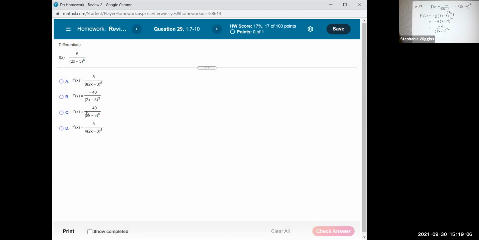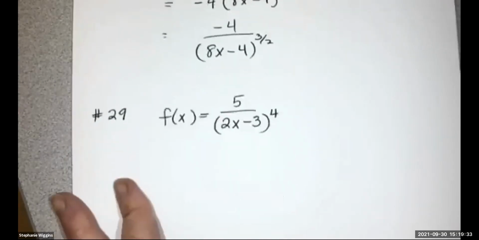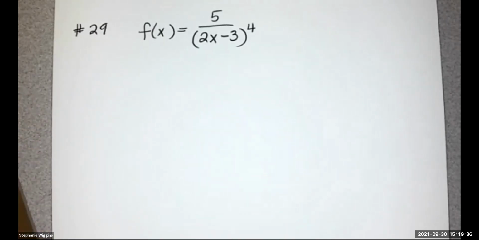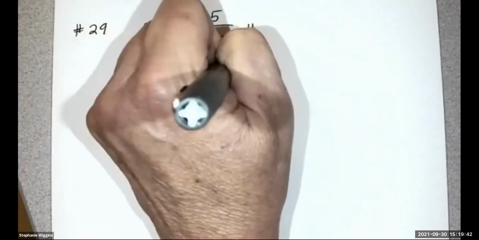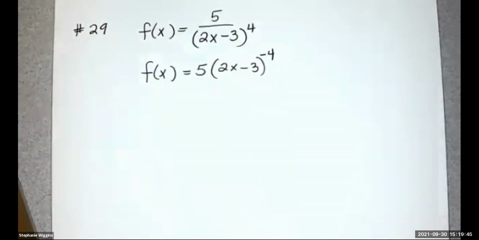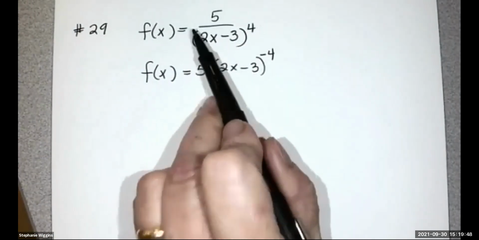All right, here you're just going to write this. This is number 29. Okay, number 29 is f of x equals 5 over 2x minus 3 to the 4th power. So you're going to want to write this as f of x equals 5 times 2x minus 3 to the negative 4th power. The negative just means this is in the denominator.